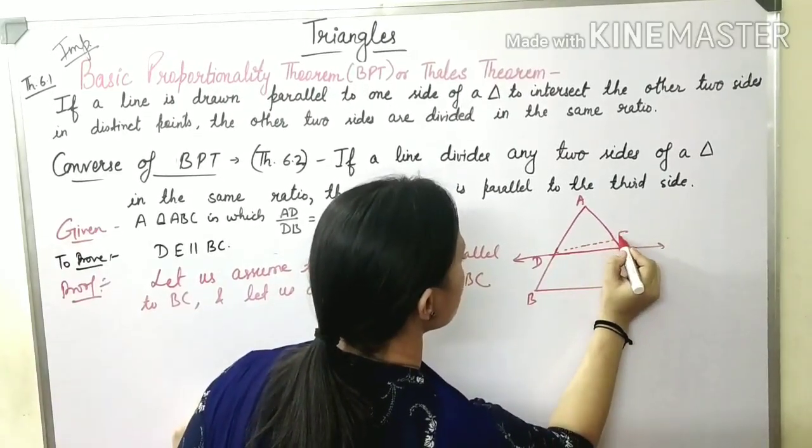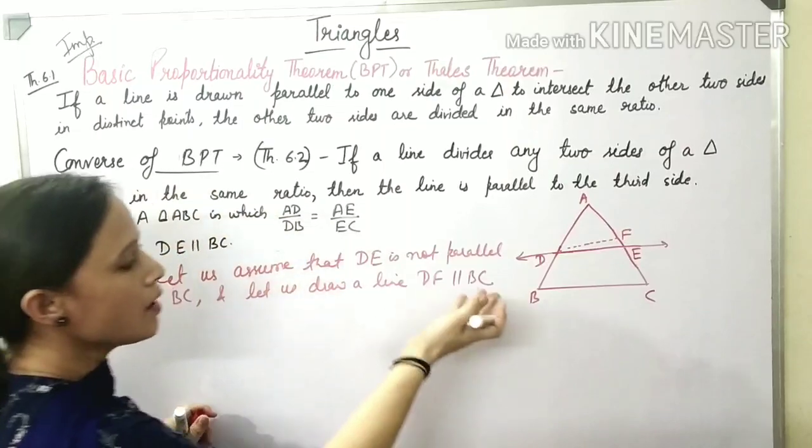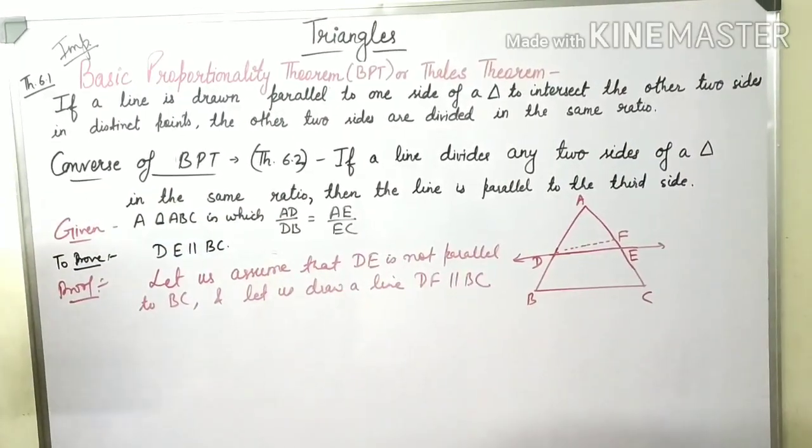So we are drawing a line DF. We know that it is not parallel, but still we are just taking one assumption.